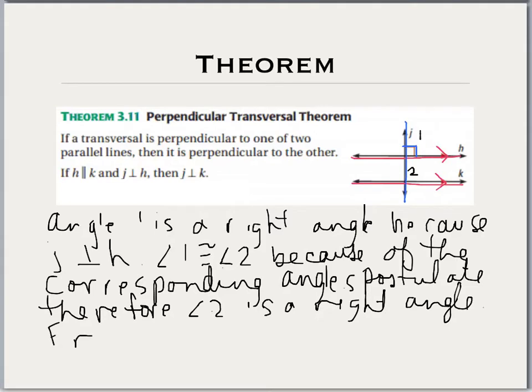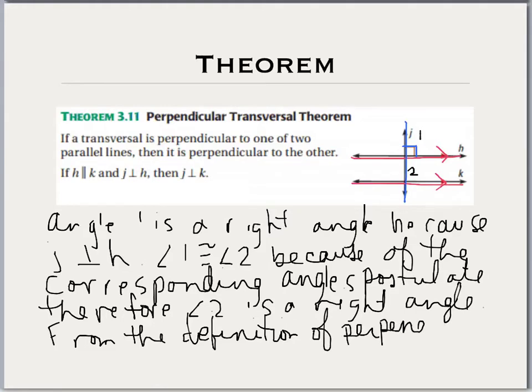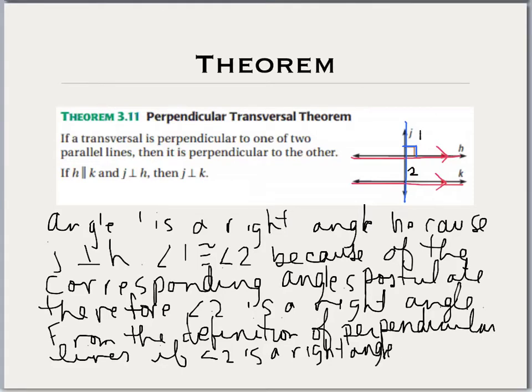And then finally, from the definition of perpendicular lines, if angle 2 is a right angle, then J is perpendicular to K.